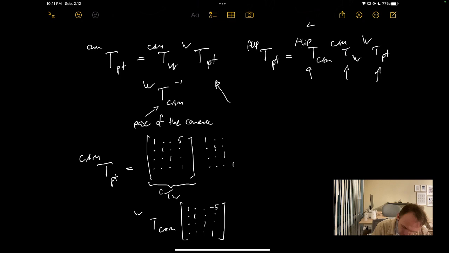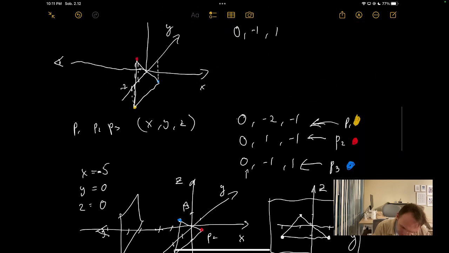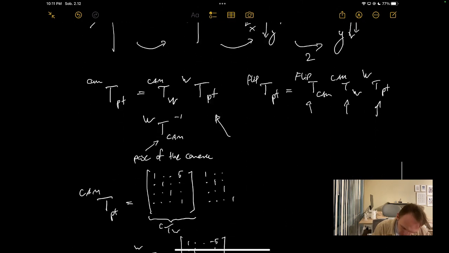Let's take 1 point, and now let's take the 0, -2, -1, and pretty much you just multiply those two, and then you will get the position of the point in the CAM.